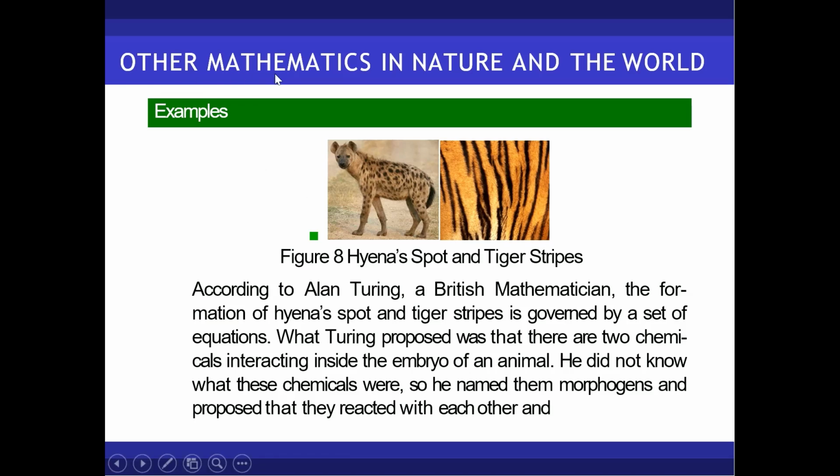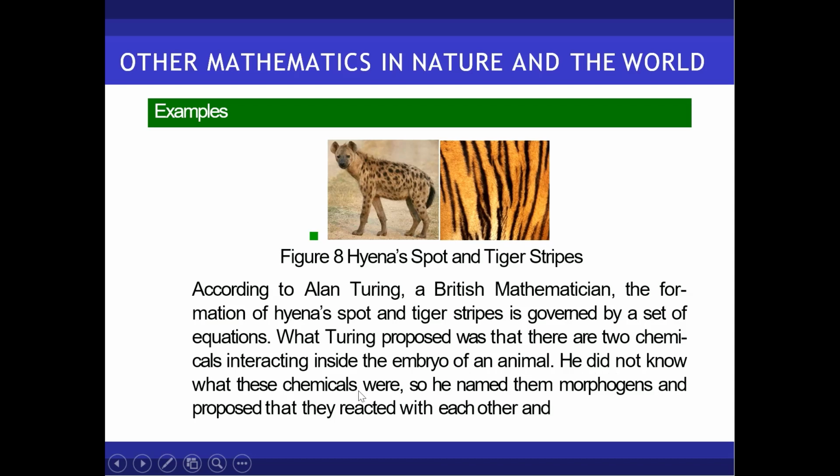Next, other mathematics in nature and the world. According to Alan Turing, a British mathematician, the formation of hyena spots and tiger stripes is covered by a set of equations. What Turing proposed was that there are two chemicals interacting inside the embryo of an animal.